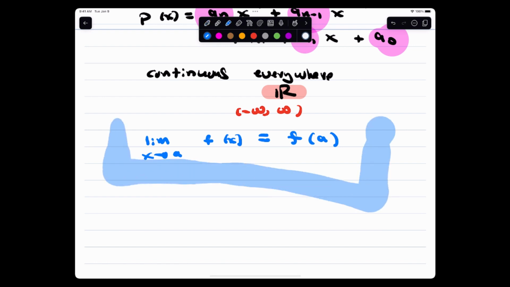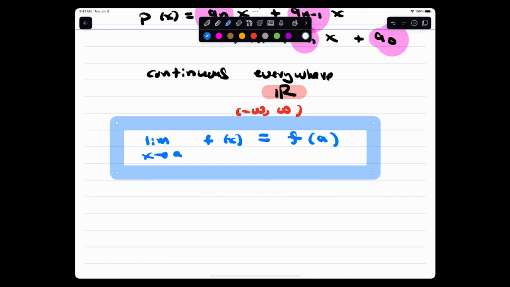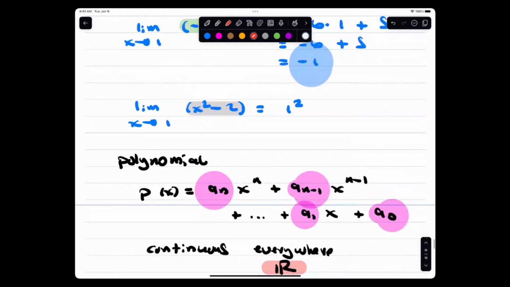This is what it means to be continuous. So if you're continuous for any real number, in particular you're continuous at a. Just plug it in. The left side of the definition is a limit, and it equals f of a.